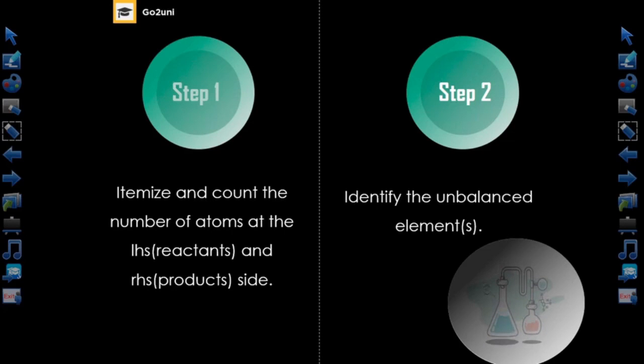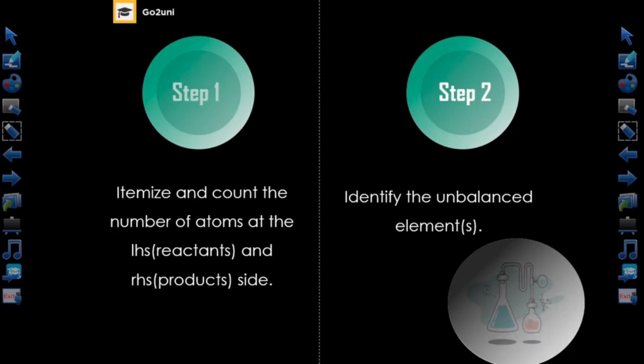The first step is we itemize and count the number of atoms at the left hand side and at the right hand side. The left hand side is the reactant side and the right hand side is the product side. So first we itemize and then count the number of atoms at the left and at the right.